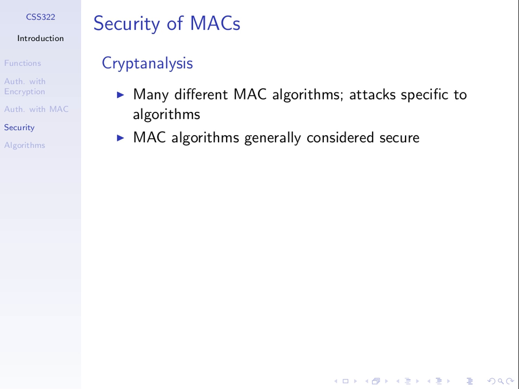What about using more knowledge of the algorithm to attack the algorithms? Cryptanalysis. There are many different MAC algorithms, and there are some specific attacks against some of those algorithms, but generally, and similar to hash functions, they are considered secure in that these other attacks are not much better than a brute force attack.